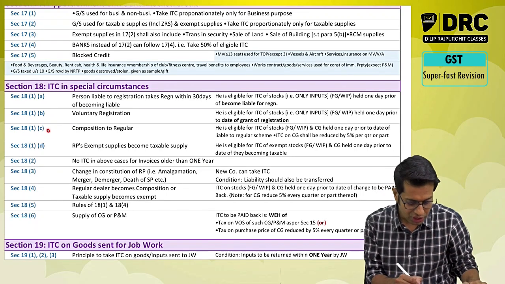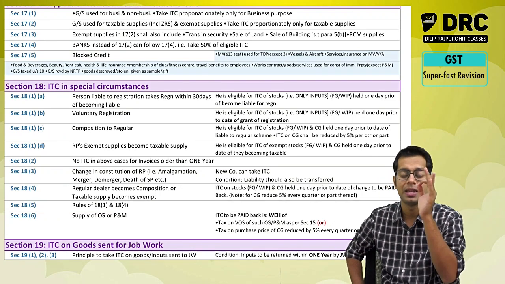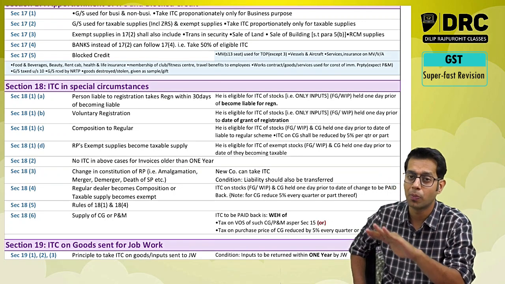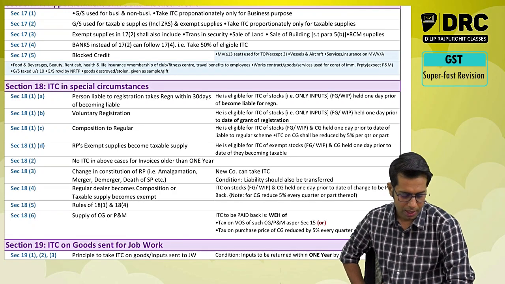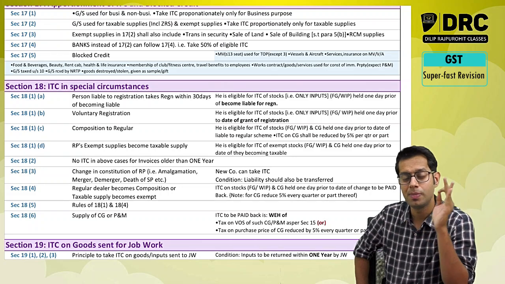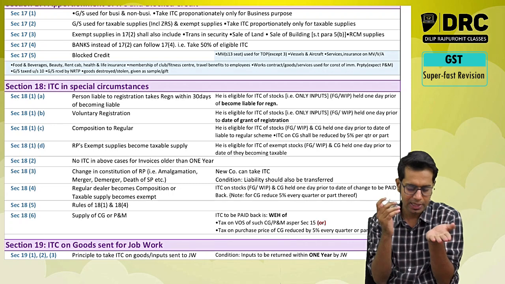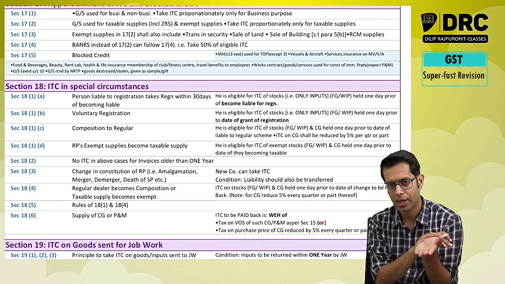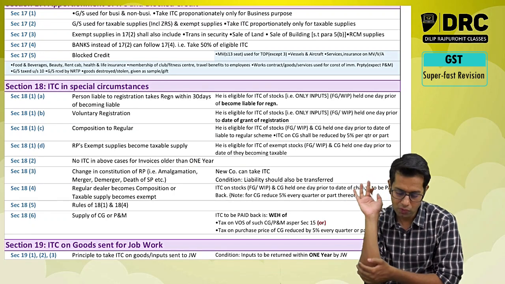Clause C says where a composition dealer is converting himself to a regular dealer, he will be eligible to take input tax credit on inputs as well as capital goods held 1 day prior to the change from composition scheme to regular scheme. Clause D says a registered person whose exempt supplies are becoming taxable supplies will be eligible to take input tax credit on the inputs held in stock 1 day prior to the date of change from exempt to taxable supplies, as well as on capital goods which were exclusively used for exempt supplies.